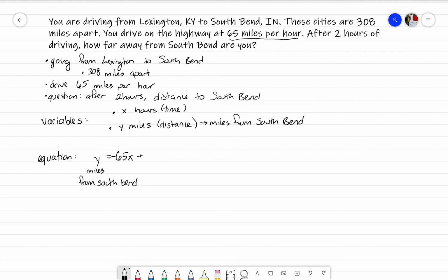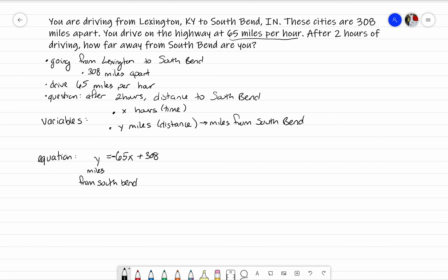So this is going to be our y-intercept at 308 because it's where we start. We start 308 miles from South Bend, and then with every passing hour, we are 65 miles closer to South Bend. So we are 65 miles less far away, which is why we have the negative.